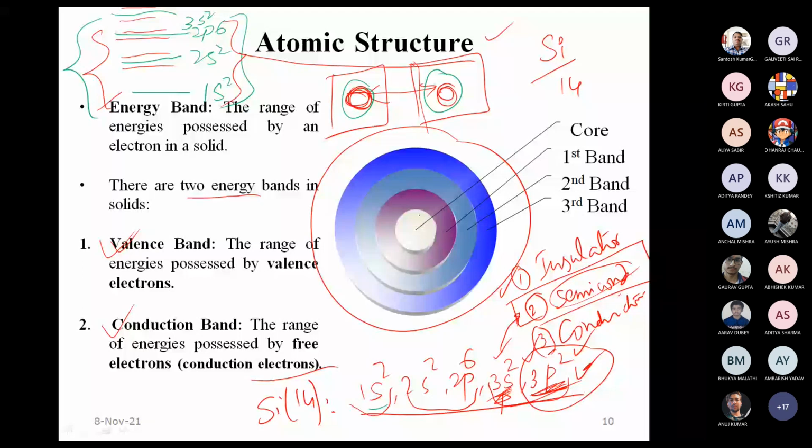The outermost electrons are affected much. So the electrons in the 3s2 and 3p2 are going to be affected much, and because of this complex interaction, there is formation of the valence band and conduction band.